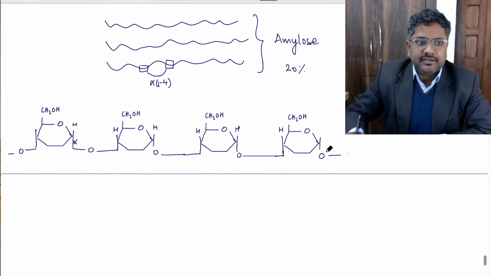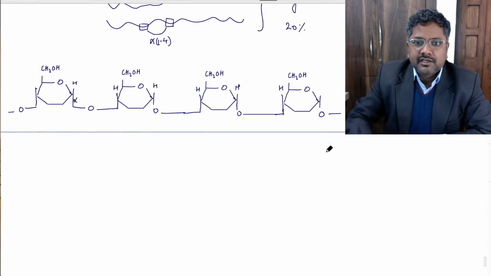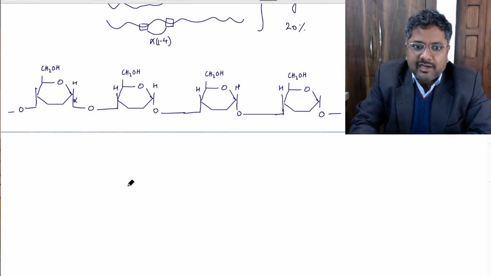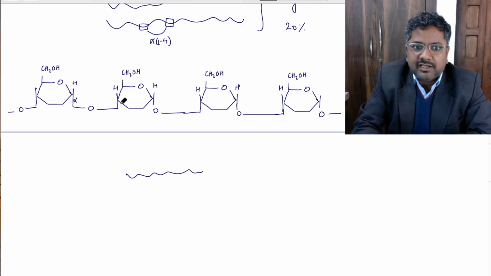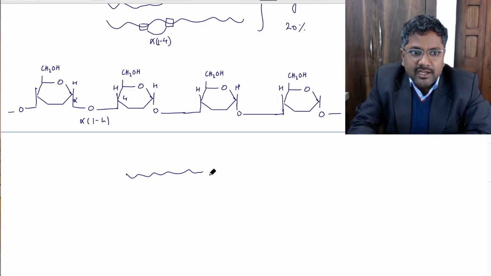And another is amylopectin. Amylopectin is basically a branched chain. See, this is the amylose chain. This is alpha 1,4, alpha 1,4, alpha 1,4. So this chain is alpha 1,4, and cross linking will take place with alpha 1,6.